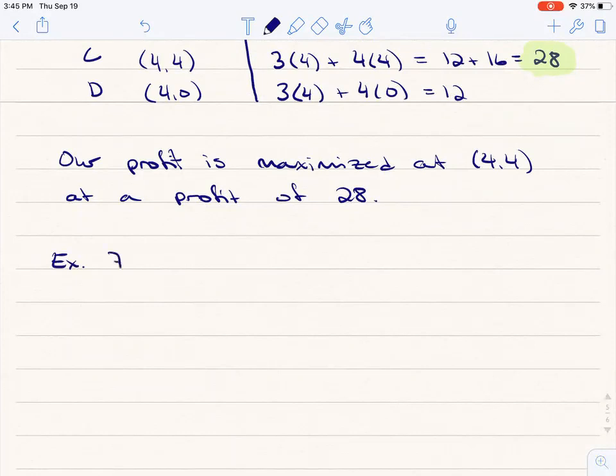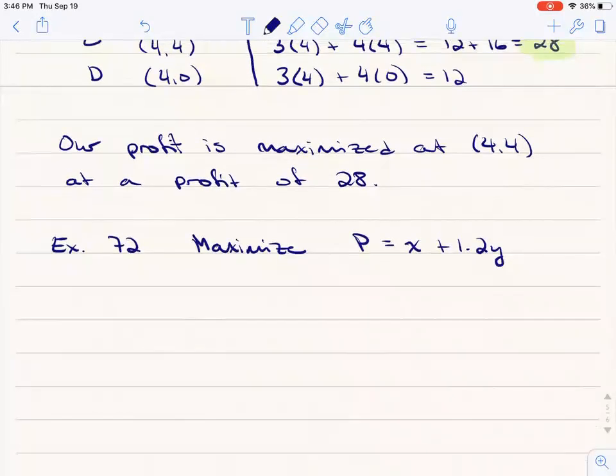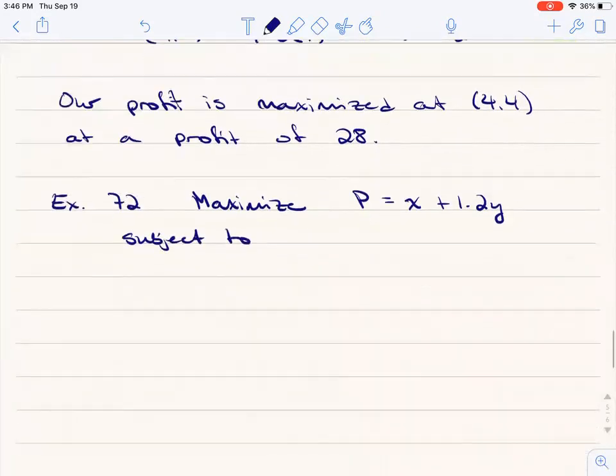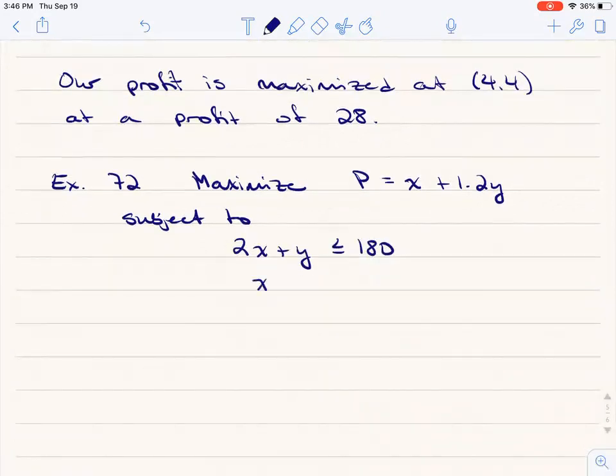This is example 72 from the textbook, and it says maximize P, which is the profit, P equals x plus 1.2y, subject to 2x plus y less than or equal to 180, and x plus 3y less than or equal to 300.